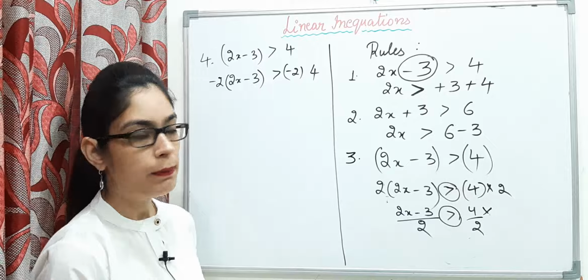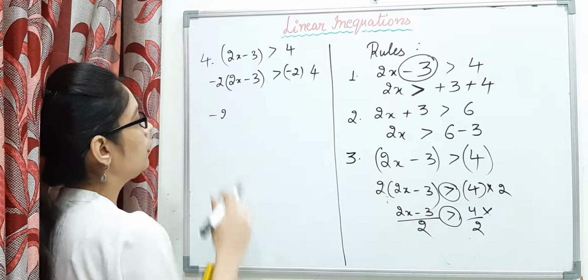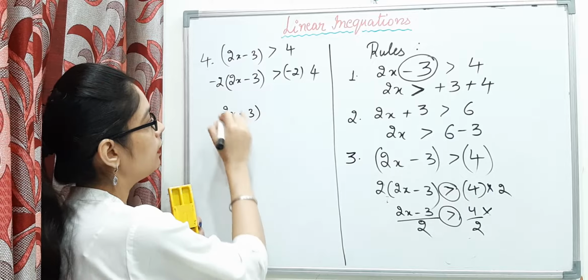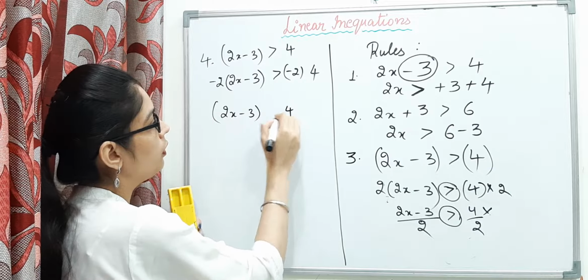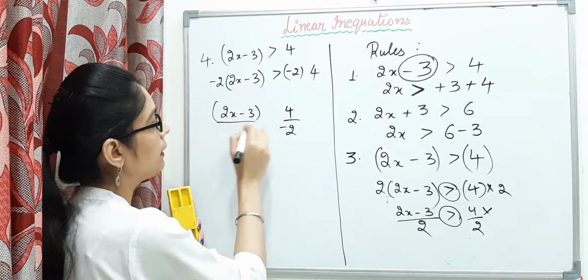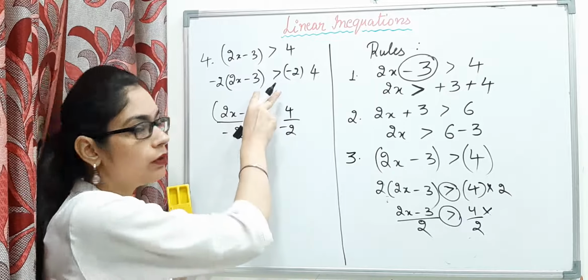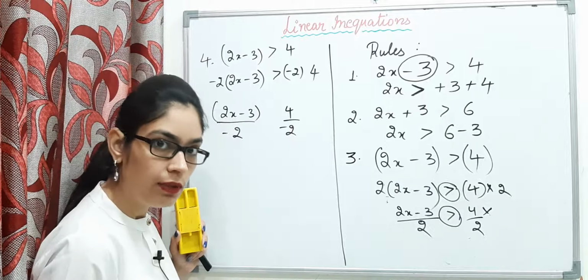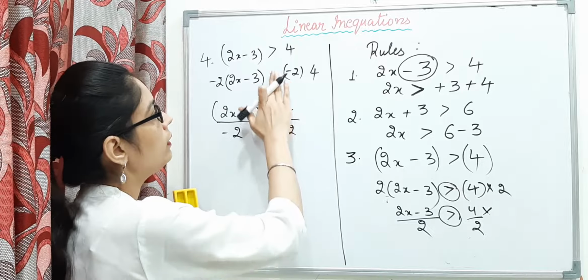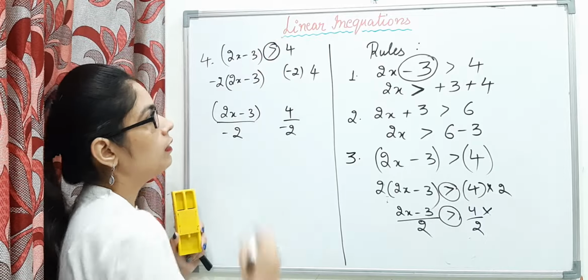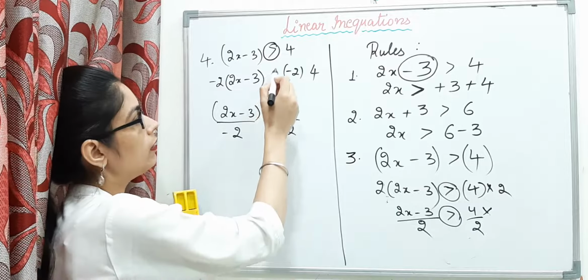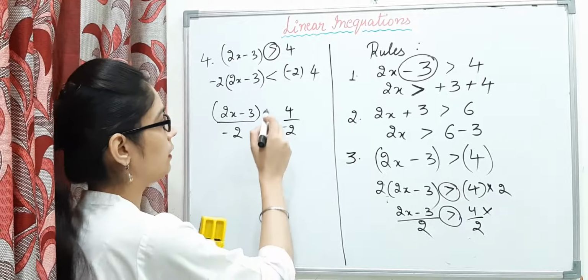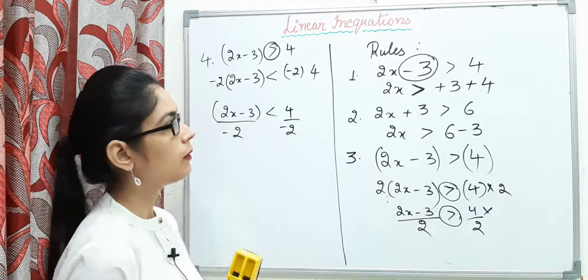Or I can divide 2x minus 3 and 4 by minus 2. Here both sides I have multiplied, or divided, by a negative number. In that case, the sign of the inequality will change. If it is greater than, it will change to less than in both cases.